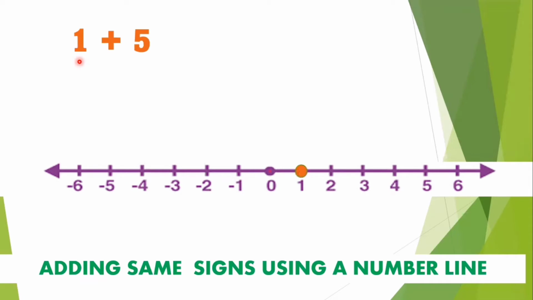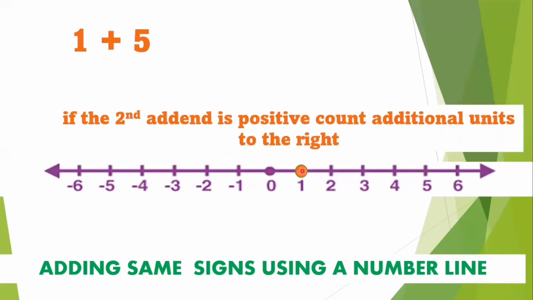Yan. And then, para mahanap natin ang sum, ang sagot ng ating positive plus positive, we're going to follow this instruction. If the second addend is positive, count additional units to the right. Kapag ang pangalawang addend ay positive, magka-count tayo ng additional units to the right.